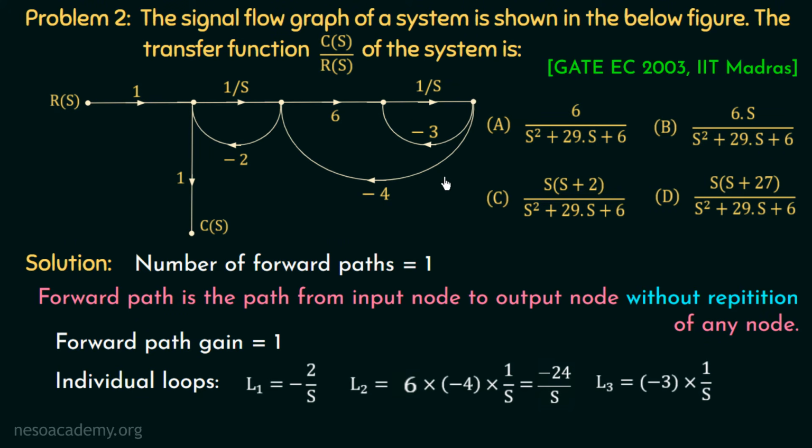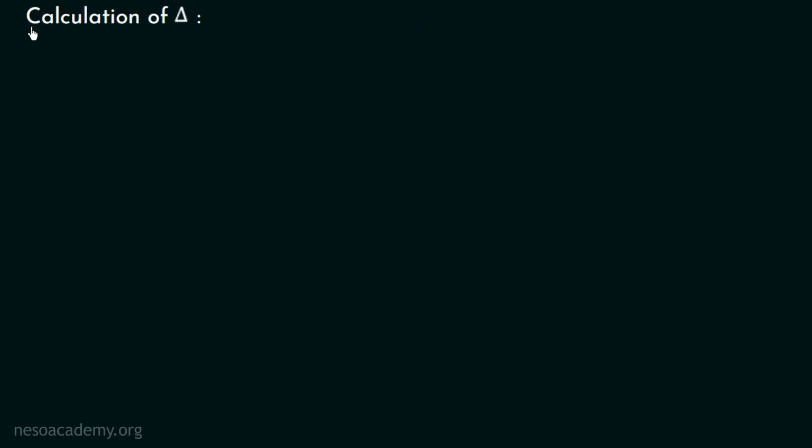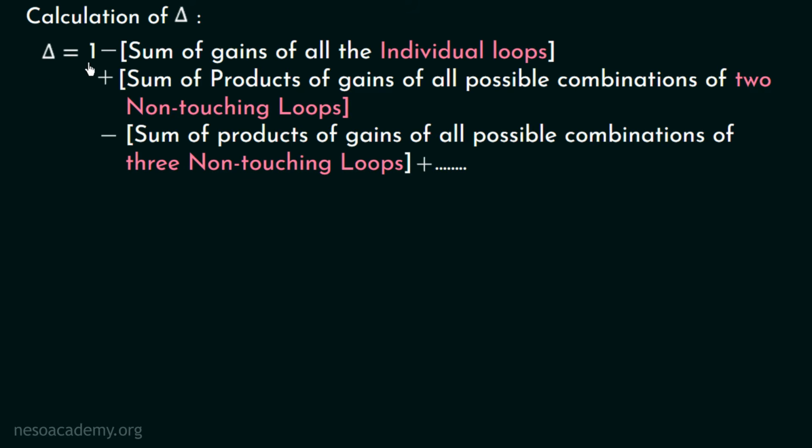And now we will move on to the calculation of the determinant of the SFG, delta. We know that delta equals 1 minus the sum of gains of all the individual loops, plus the sum of products of gains of all possible combinations of two non-touching loops, minus the sum of products of gains of all possible combinations of 3 non-touching loops, plus so on.